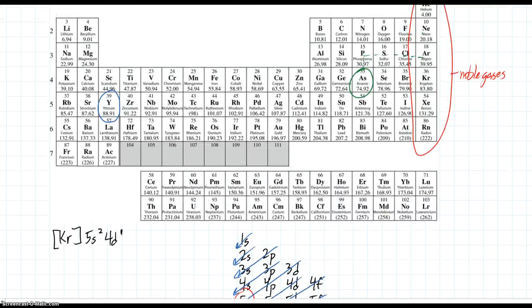Arsenic is in row 4, so the 4s sublevel is the next one that will be filled. And notice that since arsenic is atomic number 33 and argon is atomic number 18, that means that after argon, we need to find where the next 15 electrons go.